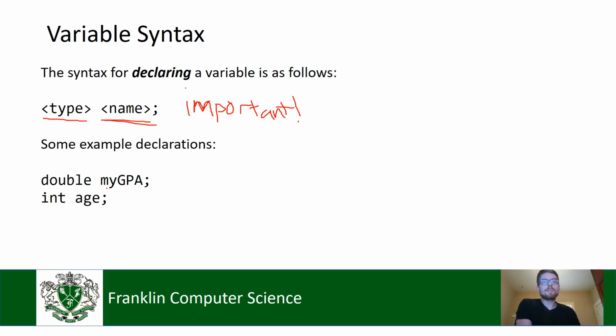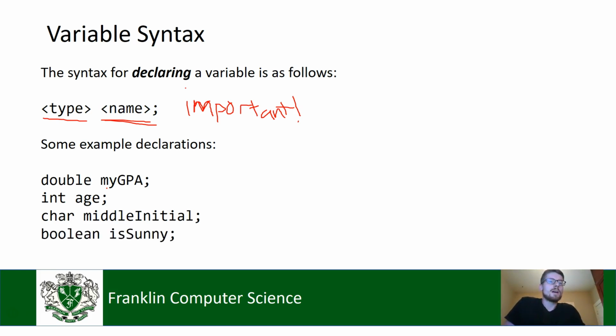Your age, maybe you are writing a program that references an age. You would store that into an integer, because that's usually going to be a whole number. If you want your middle initial, that would be a character, so char middleInitial. Here's an example of a Boolean.